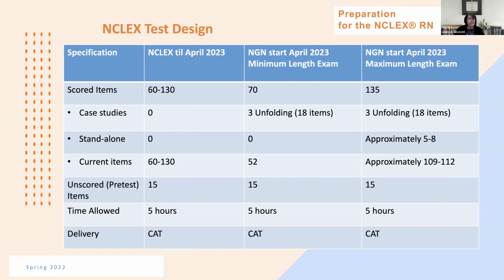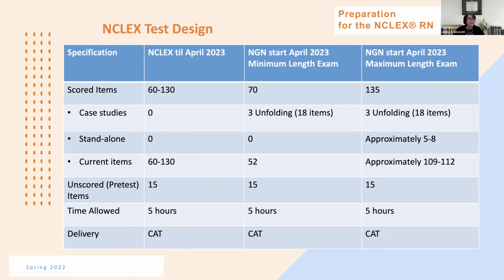So your exam, your scored items will be 60 to 130. So you're actually going to have on your exam 75 to 145 as the max.